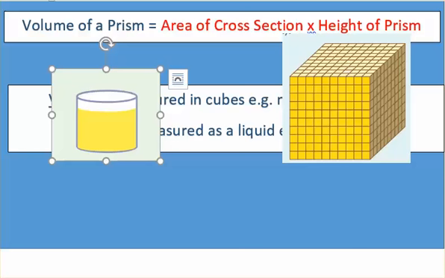Now, some containers aren't full, as you know. When you buy a can of drink, they're not filled right to the top of liquid. So capacity is the amount the container can hold, whereas volume is actually the amount that is there. So a can of drink has volume because it takes up space, but it also has capacity because it can hold a certain amount of liquid.